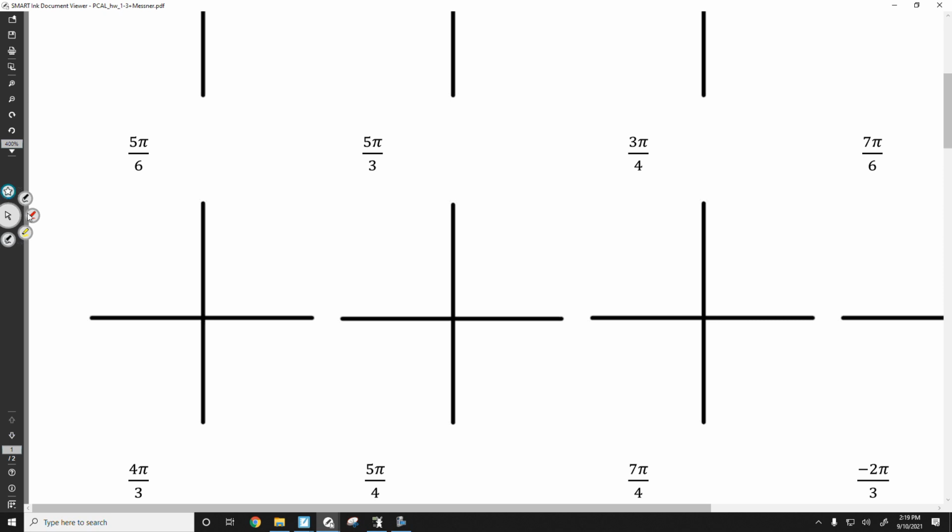Don't look at what you just created. Flip it over. Don't look at it. Where's 5 pi over 6? Heinz, you gotta pump the brakes, bud. Everybody's working on this right now. Wait. Just wait.